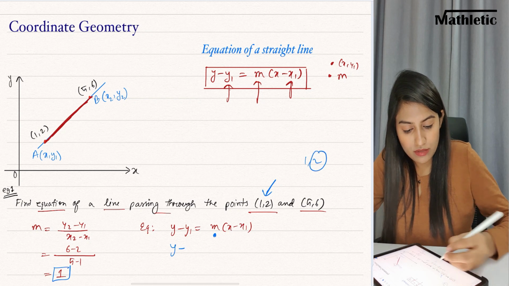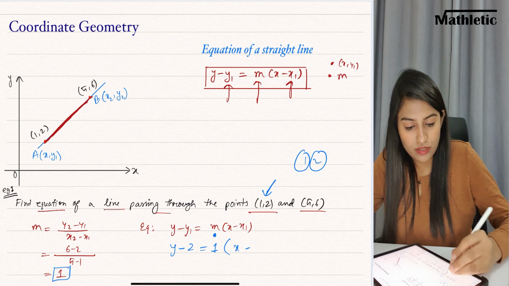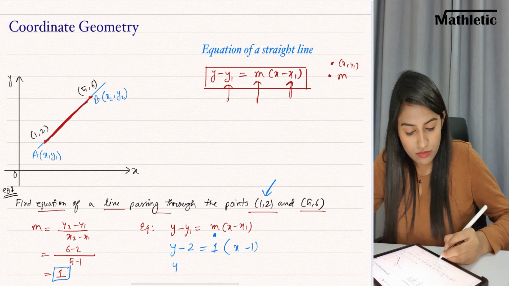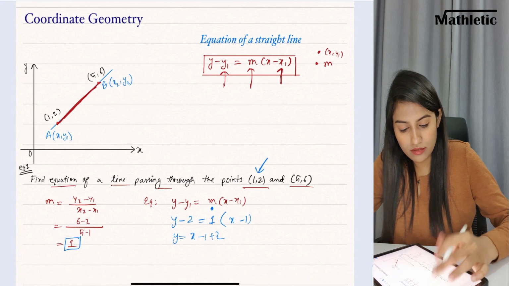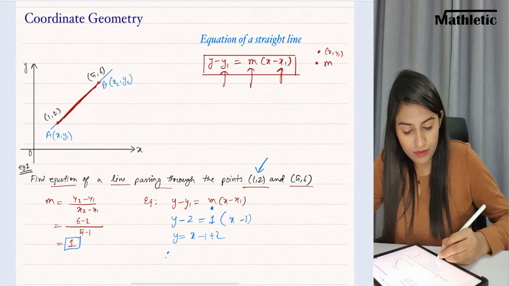So y1 is 2, m is 1, x1 is the x coordinate 1. Simplifying this gives us y = x minus 1 plus 2. So the final result is y = x plus 1.